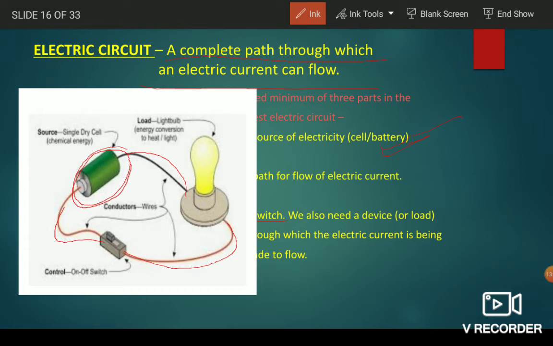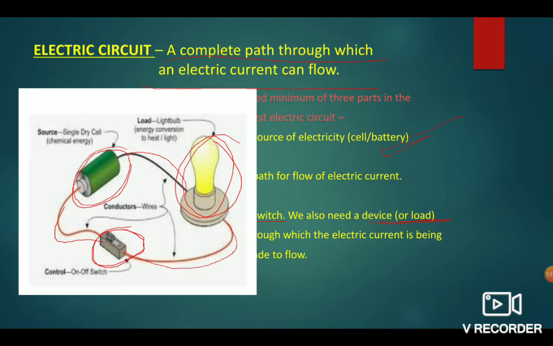So here you can see the switch is also there in the circuit. And yes, we also need a load or any device which uses this electricity. So here in this picture, this bulb is the load. So these are the elements of any electric circuit.